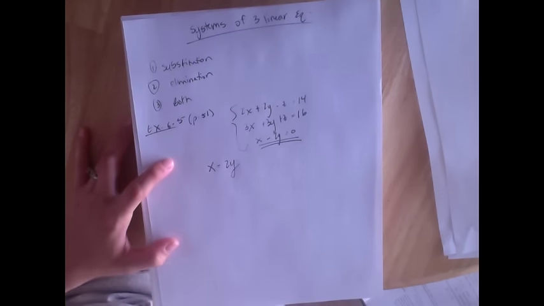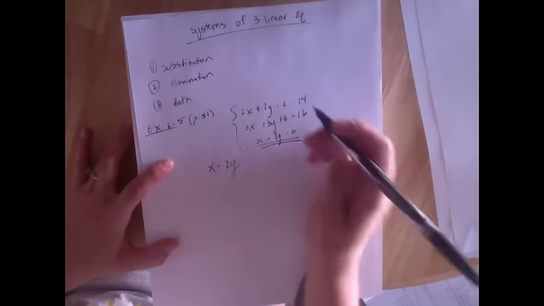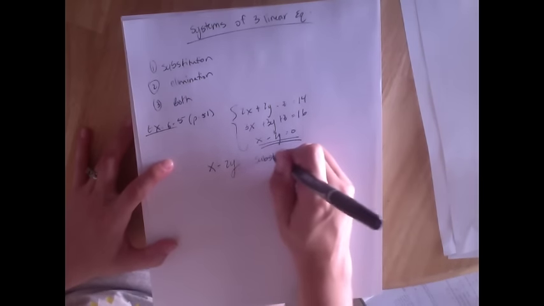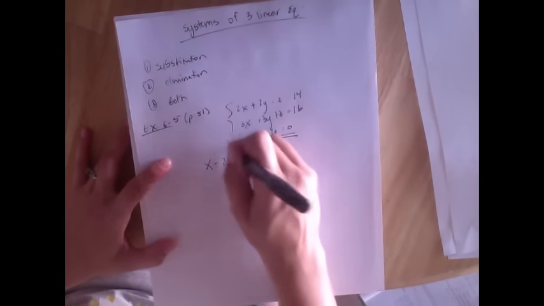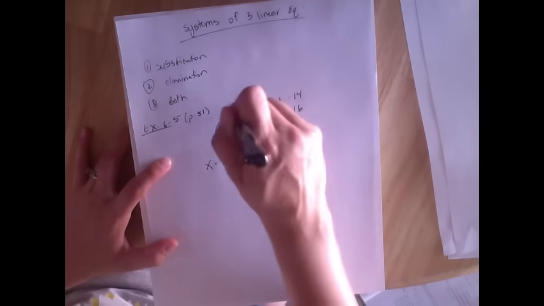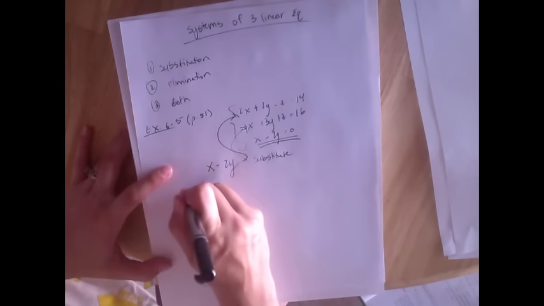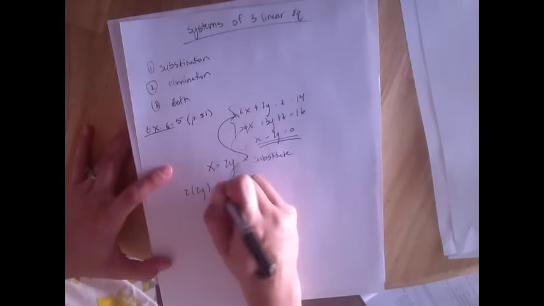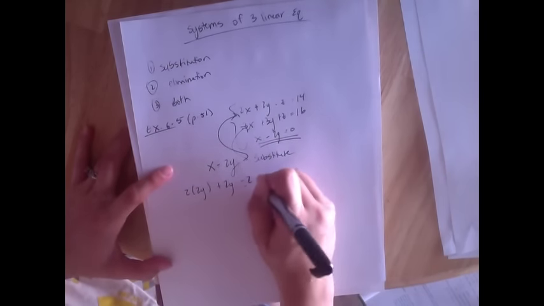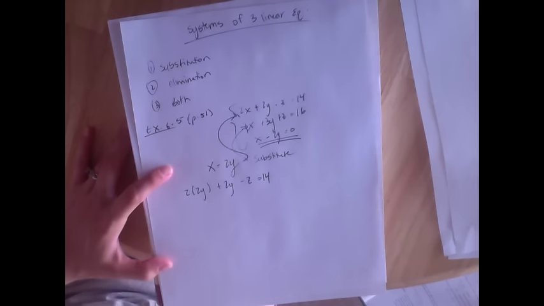Now I can combine or substitute. I can substitute 2y in for x in both of my top two equations. So I will have 2 times 2y plus 2y minus z equals 14, which is my first equation.